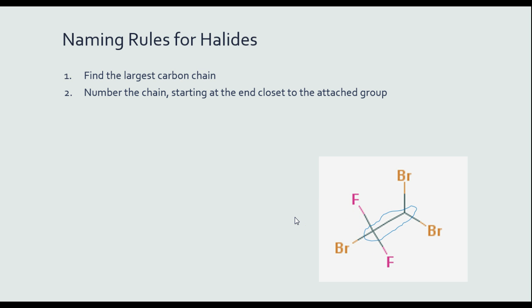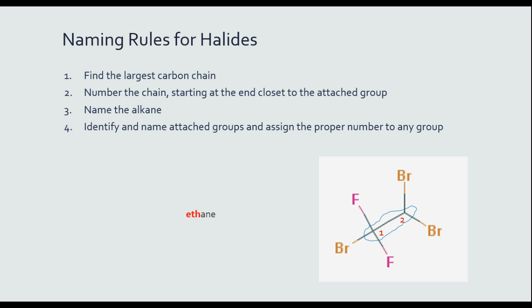Because they both have halides attached, we're going to go with the one that has more attached groups coming off of it. So we're going to number 1, 2. We're going to name the alkane. It's an ethane. Eth is our prefix, and "ane" because there are no double bonds between the two carbons.